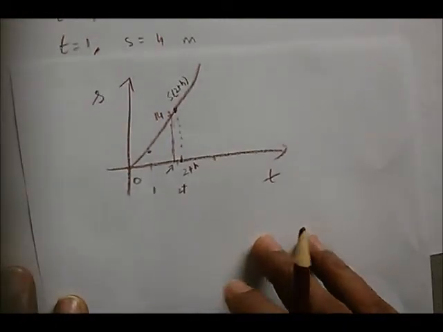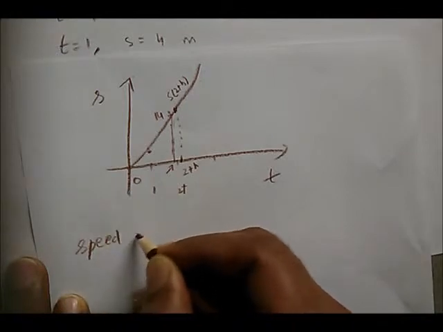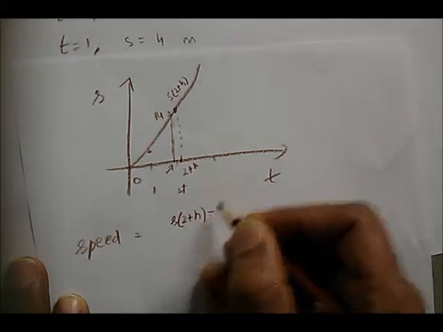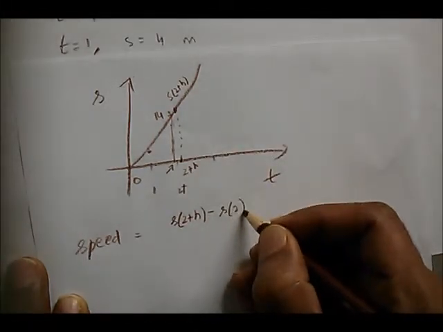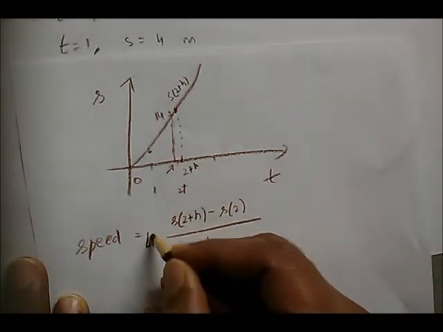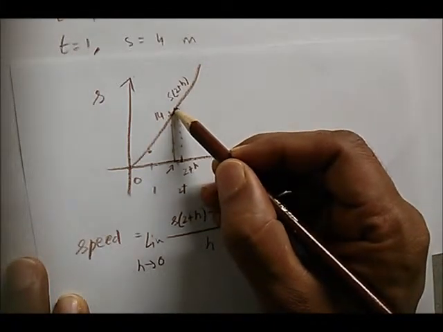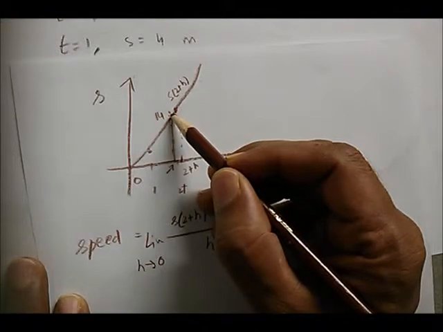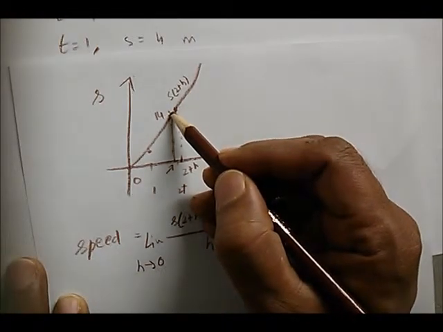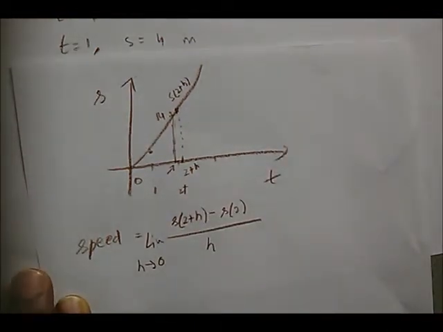So the speed at t equal to 2 is going to be the distance traveled at 2 plus h minus distance traveled at 2, divided by the duration h, when the limit of h approaches 0. As we make this separation as close as possible, tending to 0, the speed at this point and this point becomes almost equal, and that's the speed at t equal to 2.